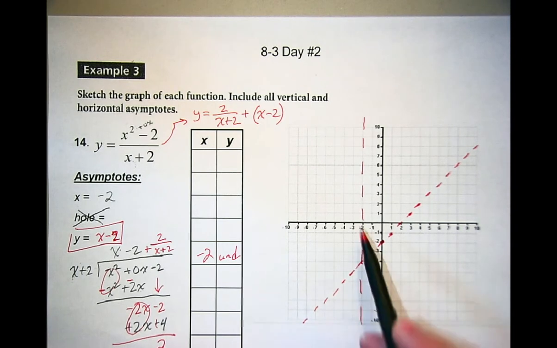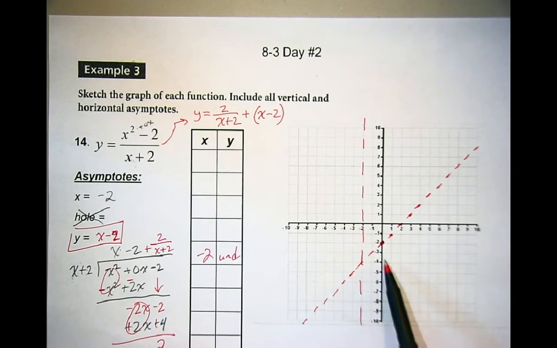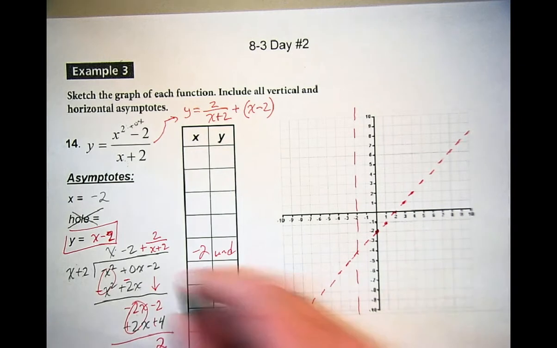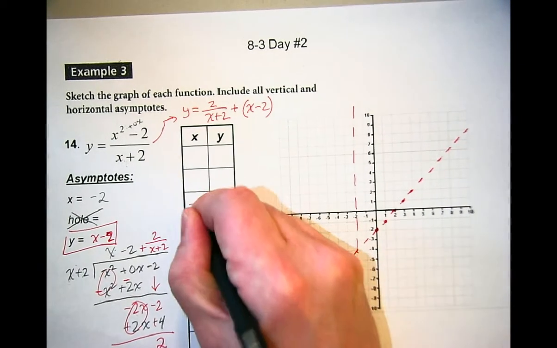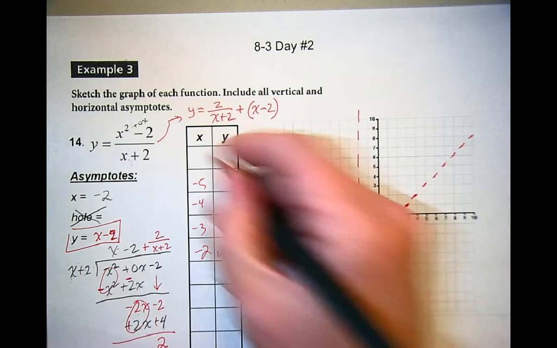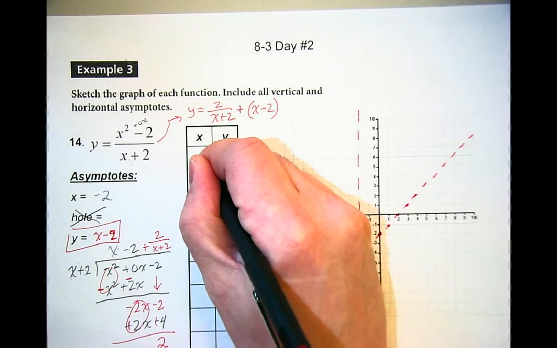Okay, usually you want some points that are going to fall right in here, towards the intersection of the asymptote. So you probably want to use like -3 and 4 and 5. Those would be good points to use. And then maybe one way out here, like maybe a -10 or 9.